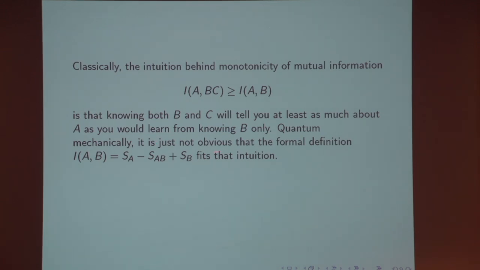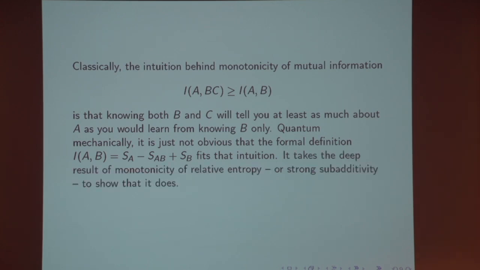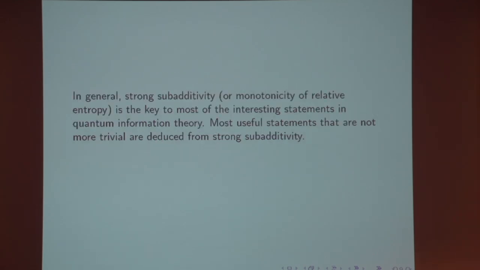Quantum mechanically, it's just not obvious that the formal definition fits that intuition. It turns out that you can show it does, but you have to use monotonicity of relative entropy or strong subadditivity. In general, strong subadditivity is the key to most of the interesting statements that are not more trivial. Statements that are not more trivial are deduced from strong subadditivity.